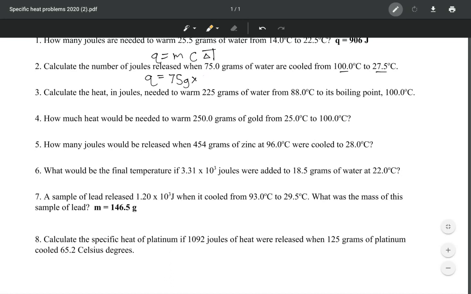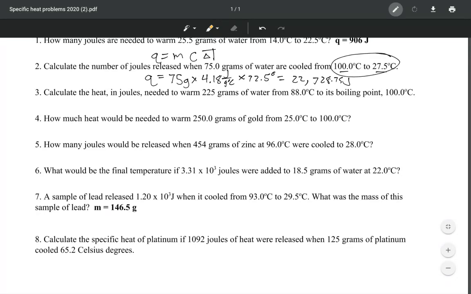Its specific heat is 4.18 joules per gram degree Celsius, and it has a change in temperature of 72.5 degrees, because that's the difference between those two numbers. So we just multiply those numbers together and we get 22,728.75 joules.